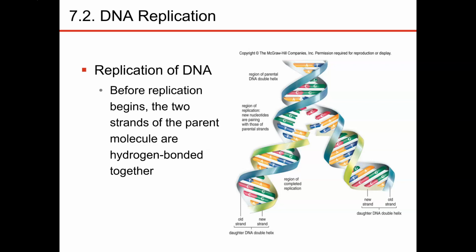So replication. Before we start replicating, the 2 strands of DNA have to unwind and unzip. So DNA is bound together. The 2 complement strands are bound together by hydrogen bonding. So when we break those hydrogen bonds, that is called denaturing the bonds, okay? So the term denature, which you've learned probably in your chemistry and gen bio classes, is breaking proteins down.